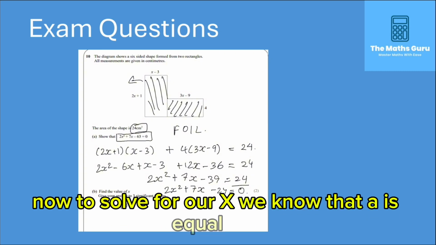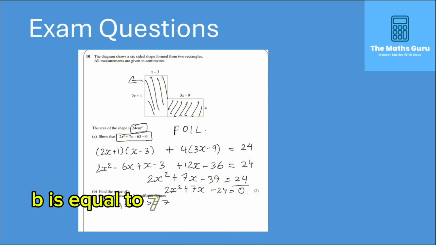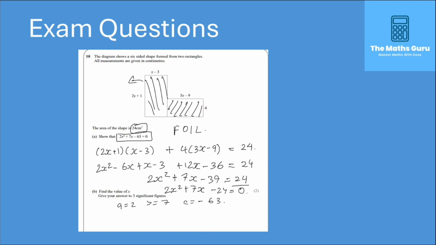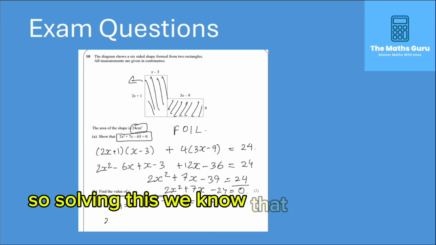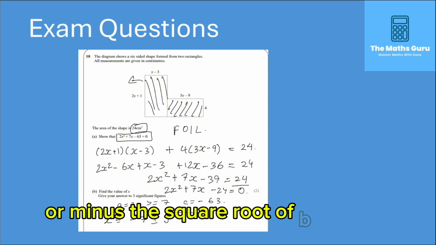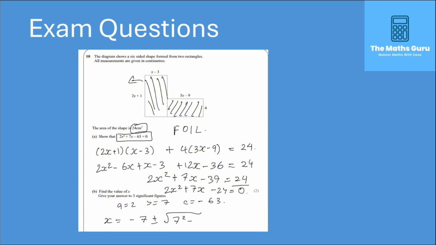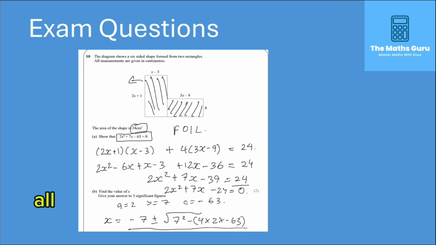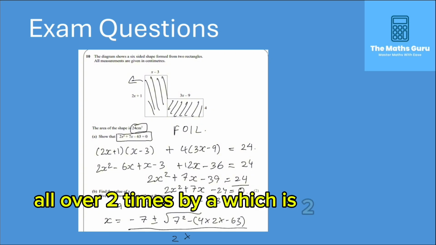We know that a is equal to 2, b is equal to 7, and c is equal to negative 63. So, solving this, we know that x is equal to minus b, which is minus 7, plus or minus the square root of b squared, which will be 7 squared, minus 4 times 2 times minus 63, all over 2 times a, which is 2 times 2.